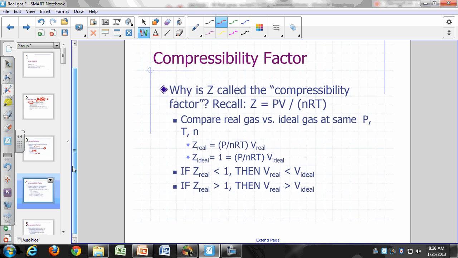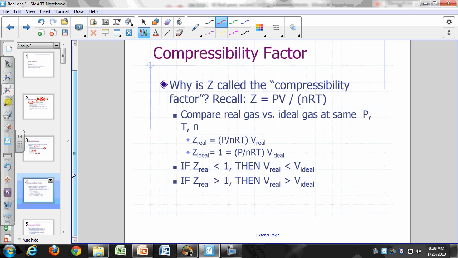Now, why is it called a compressibility factor? Well, let's take a look at the formula for Z. It's PV divided by nRT. Now, let's compare a real gas versus an ideal gas at the same pressure, temperature, and number of moles.